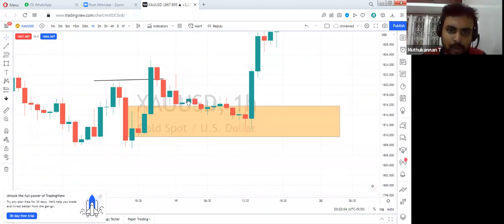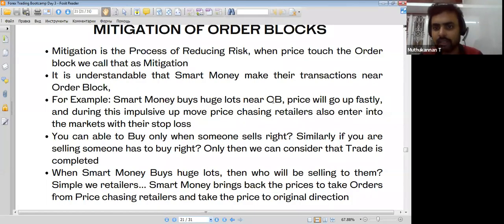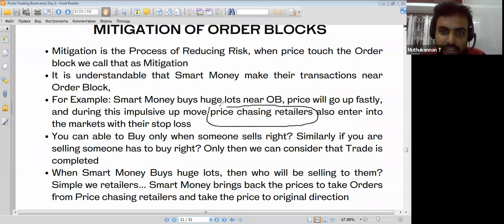Now, for example, smart money buys a huge lot near the OB, and prices will go up fast. During this impulsive move, the price chasing retailers, just note this point, the price chasing retailers also enter the market with their stop loss.